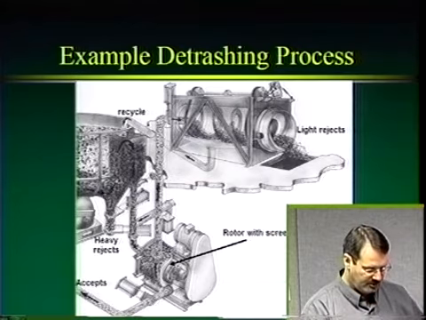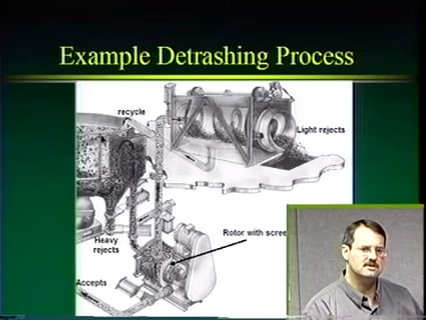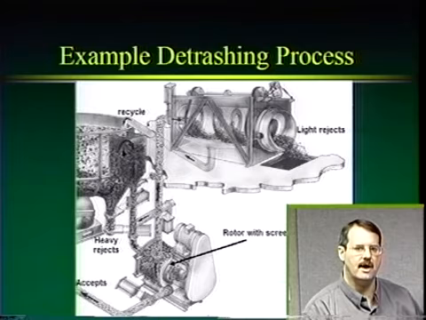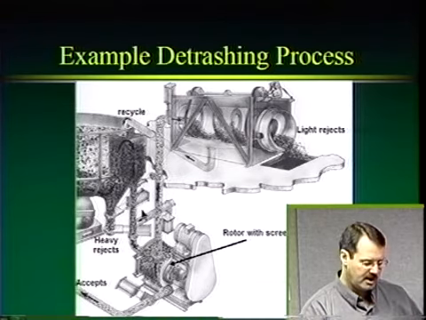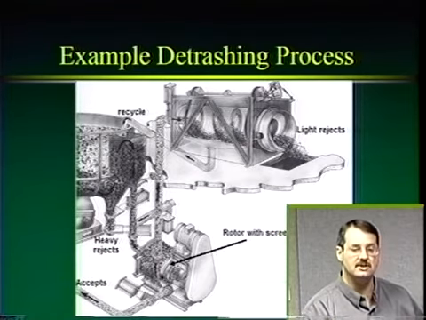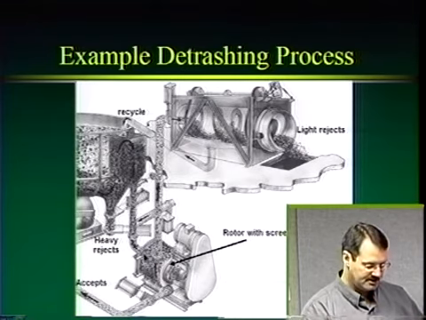The other part of the pulper is that some of the pulp stock actually flows over this weir, and then it comes down through this pipe right here, and now what we have is basically an external detrasher, somewhat like what we had for the high consistency pulper.